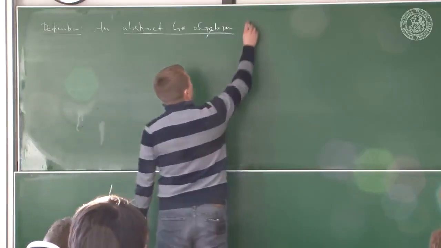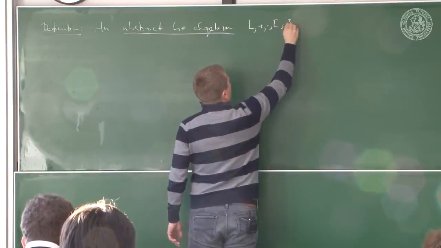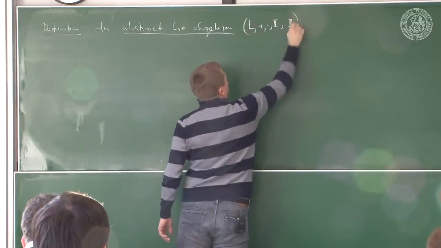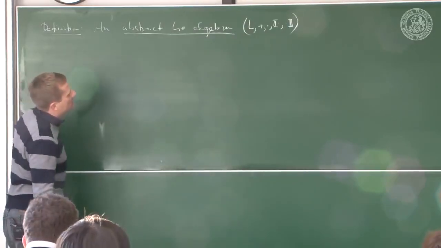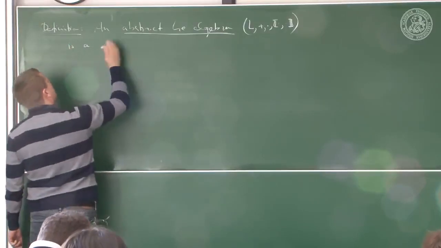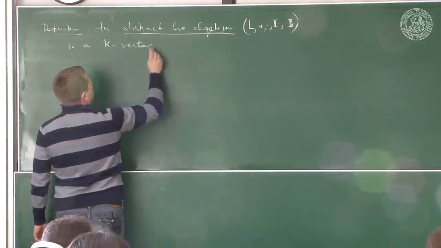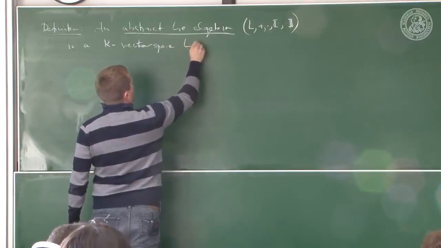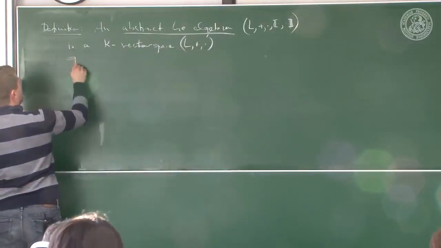An abstract Lie algebra, L plus scalar multiplication, with double bracket, and let me write another bracket than we used so far, a double bracket, is a K vector space. It doesn't matter whether it's real or complex.